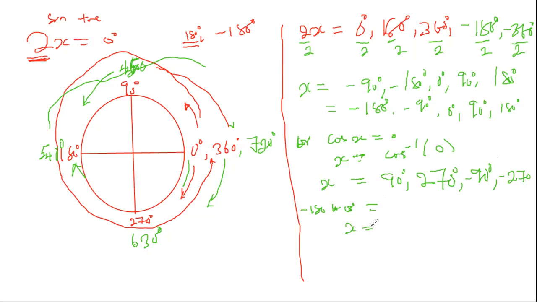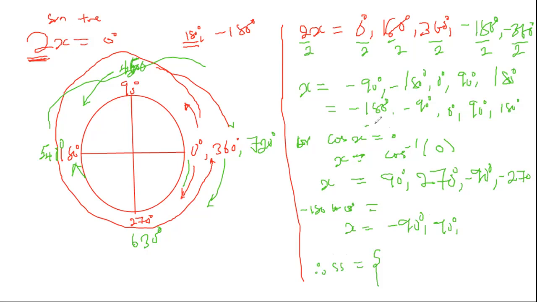x would be equal to negative 90 degrees, then 90 degrees. And then later we can write the solution set for the whole complete.